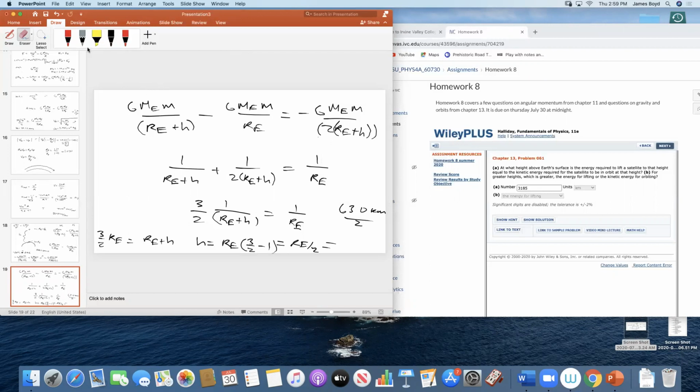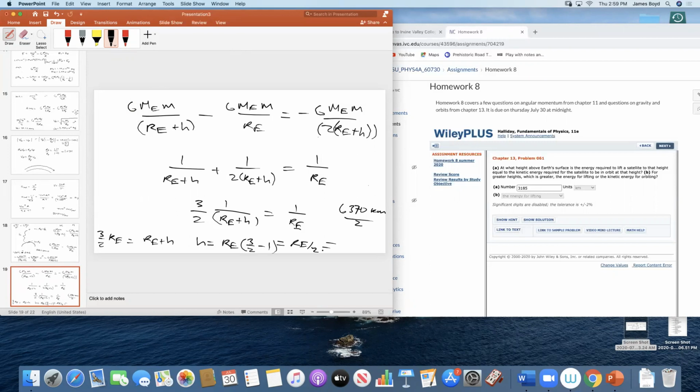I don't know what my computer's doing right now, besides being a jerk. Okay, so 6370 divided by 2 gives us that.